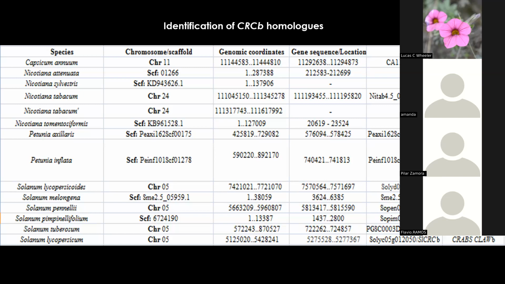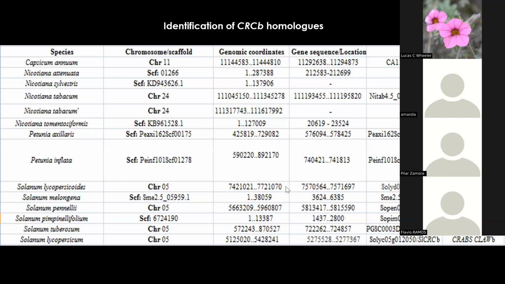There are paralogous pairs present in the genomes of the Solanaceae, except Nicotiana tabacum, because it has four copies owing to its tetraploid genome. So instead of one copy of the CRC gene, which is present in almost all the families of core eudicots, Solanaceae came up with two copies of CRC.